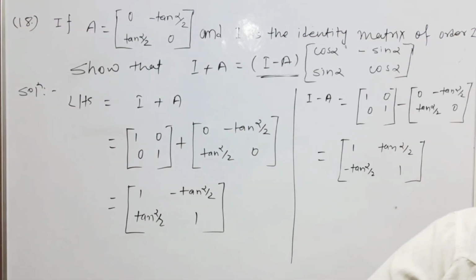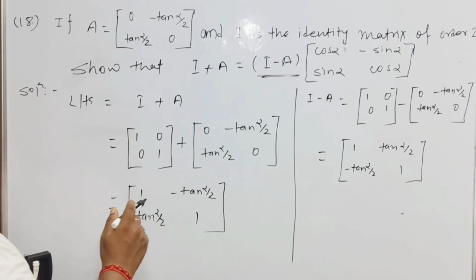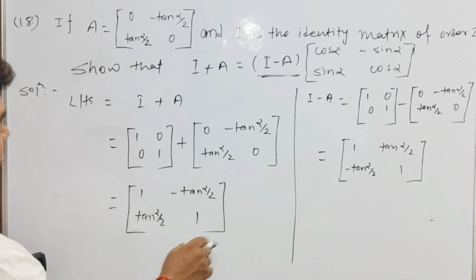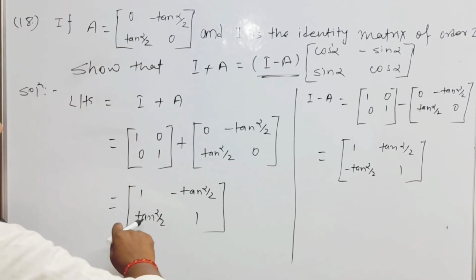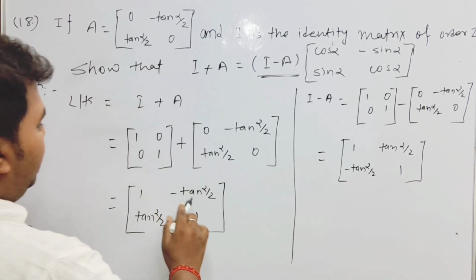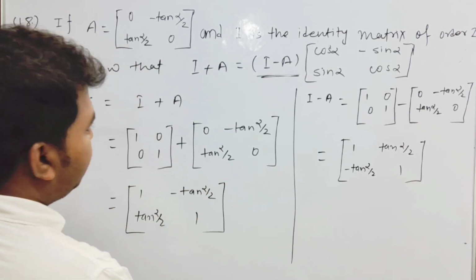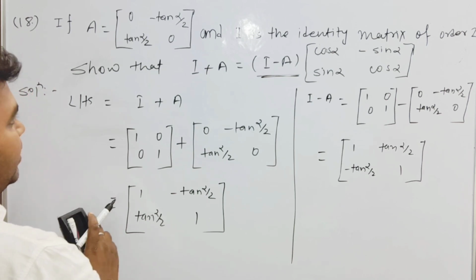Then we can put this inside the matrix in these places. Then we have to prove LHS. We see that we have obtained this, matrix A, and LHS is proved like that. This is LHS.